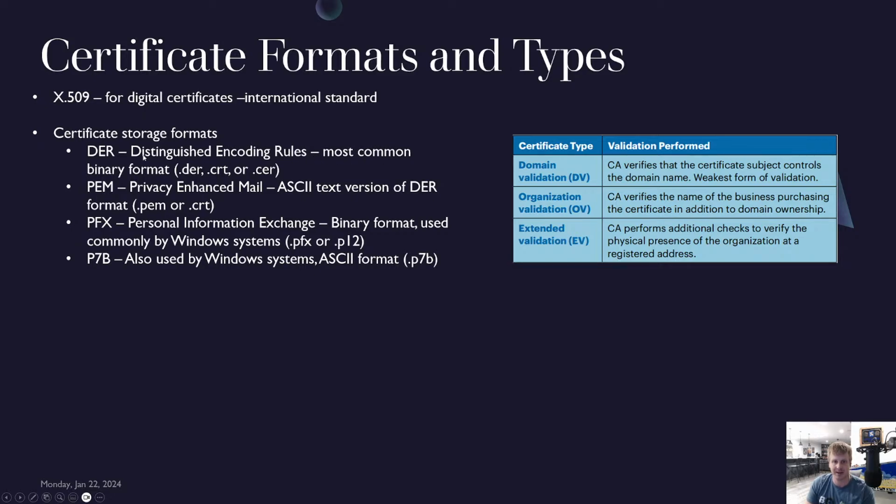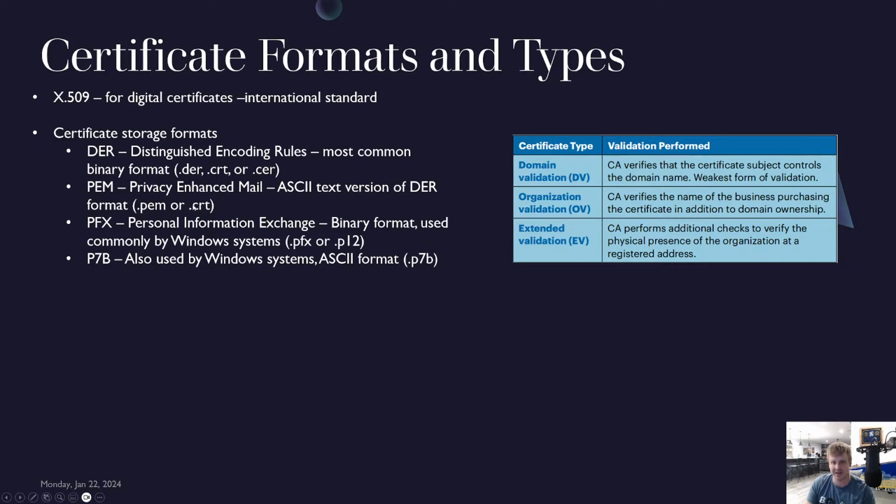The DER, distinguished encoding rules, is stored in a binary format, so it's going to end in .der, .crt, or .cer. PEM is your privacy enhanced mail. That is ASCII text, so it's going to be plain text of the DER format, and it is stored as a .pem or .crt.